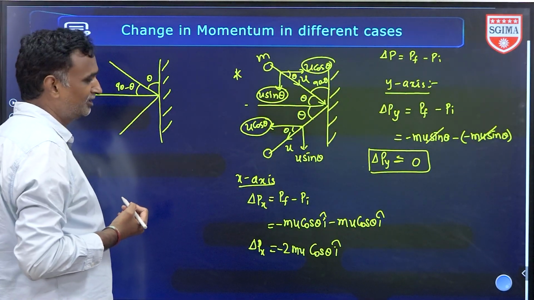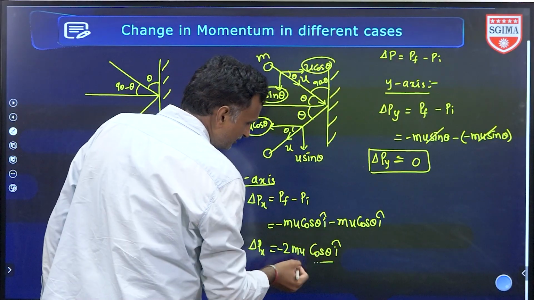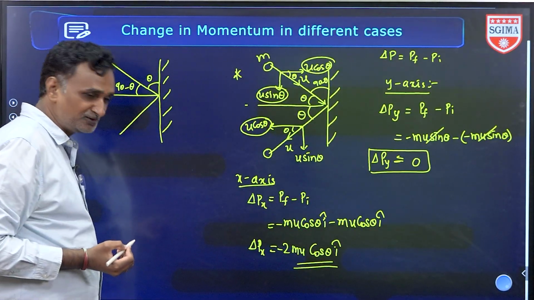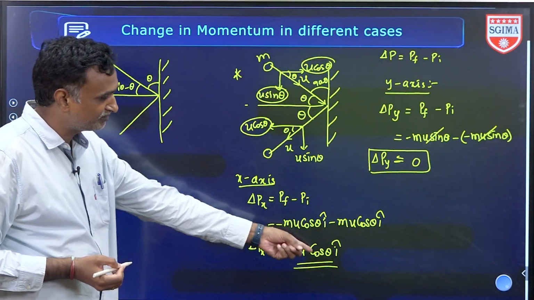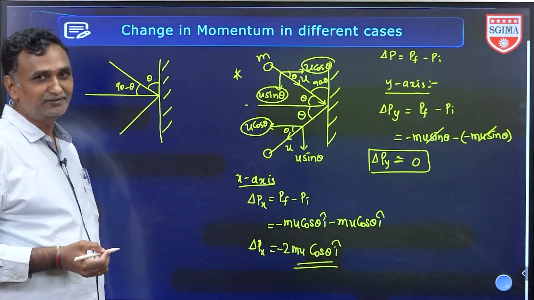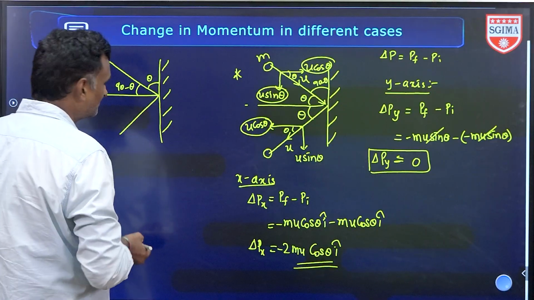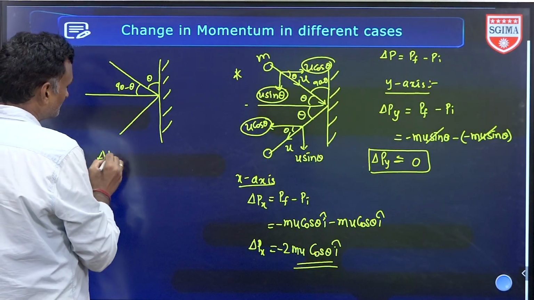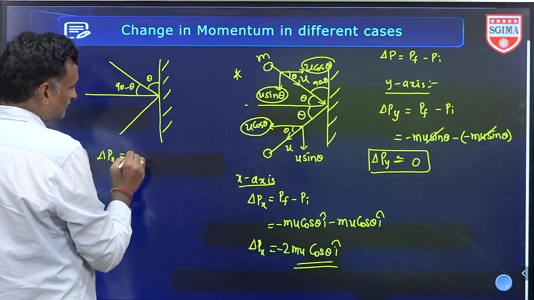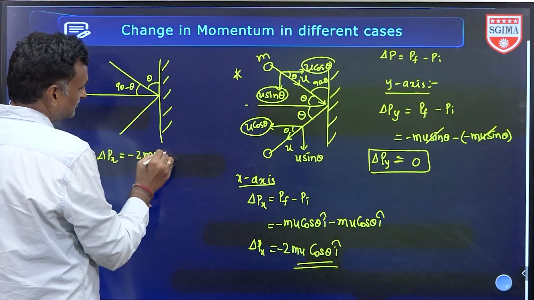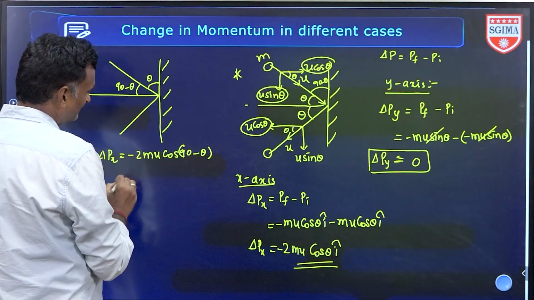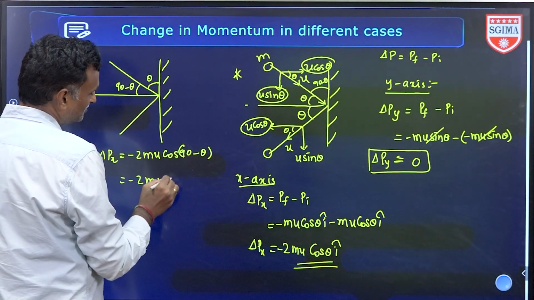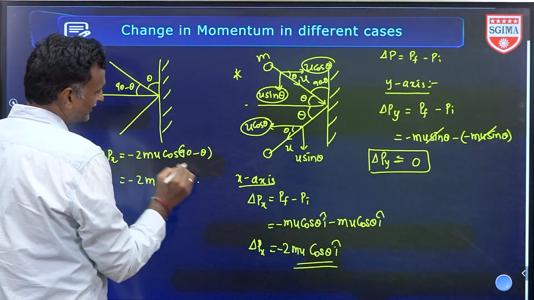Whatever momentum change along the x-axis came as cos theta, in this case what must come? Cos of 90 minus theta becomes sin theta. So we can write delta p x equal to minus 2 m u cos of 90 minus theta, which is minus 2 m u sin theta.